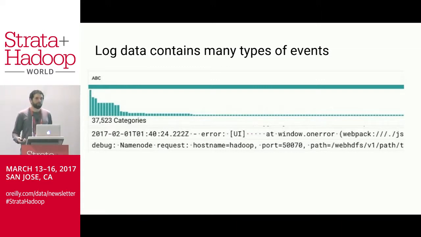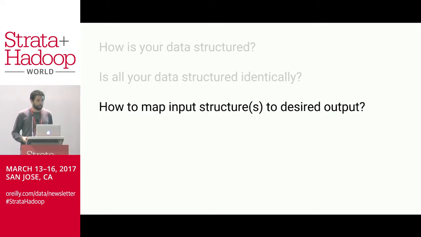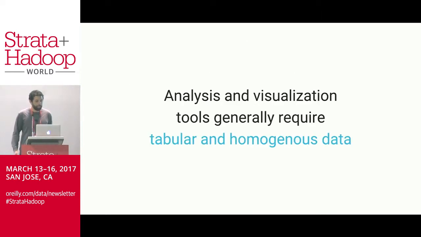These are the types of problems we were trying to solve in terms of understanding the structure. But as mentioned before, the goal is not just to understand the input, but to map it to the desired output. The problem, if we were to summarize it, is that most of our tools, whether they're analysis or visualization tools, generally require the data to be tabular or homogeneous.